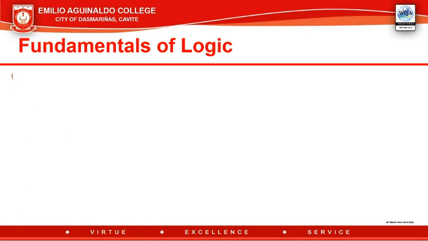Okay, so bitwise operation. So for the bitwise operations again, we have what we call bitwise OR and XOR. Okay, kanina naman na-recall na natin yung mga truth table na gagamitin natin for OR and XOR.